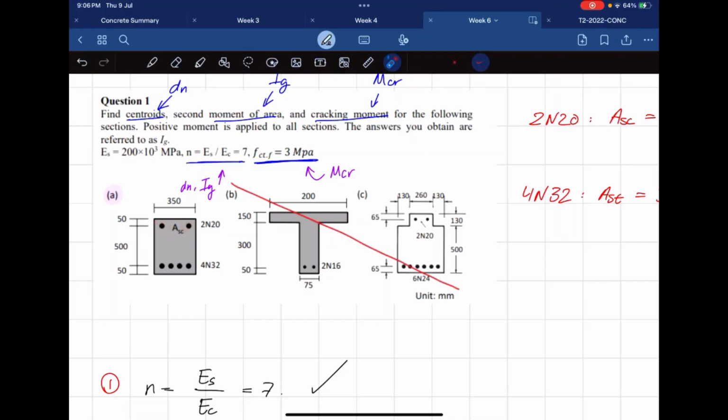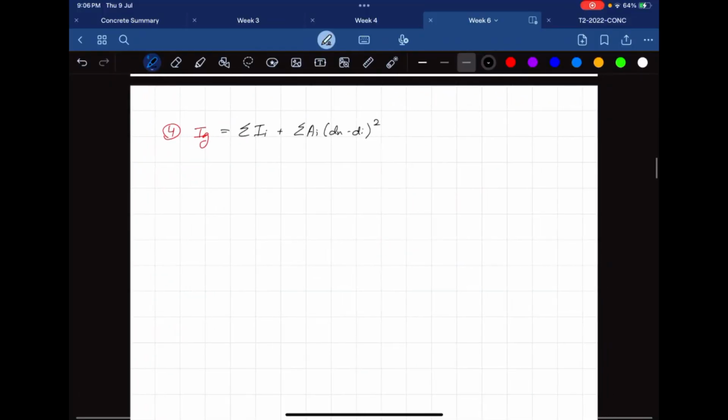In our case, we assume the moment of inertia for our steel bars is just 0, because it's so small it contributes literally nothing. If you do try to calculate it for your steel reinforcing bars, they're so small it doesn't even matter. We just take it as 0. So in this case, we have bd cubed over 12, but just for concrete.